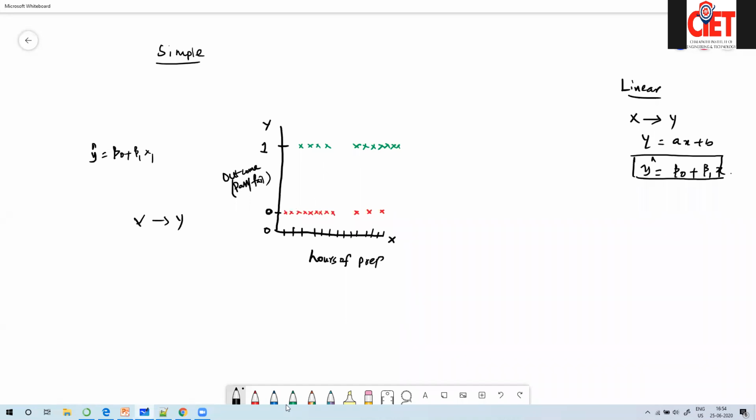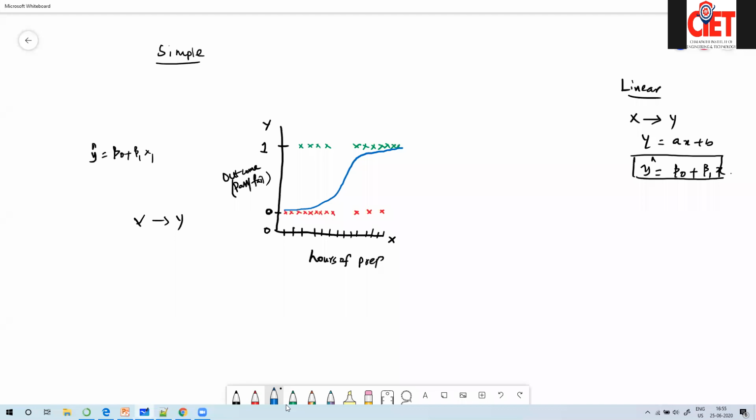So instead of a linear line, we want to represent the relationship between X and Y with a slightly better one. And let's see what that is. Now, if we can represent the relationship between X and Y using some sort of equation like this, where when X is small, this line is taking very small values, and when X becomes large, this line is going to take large values.